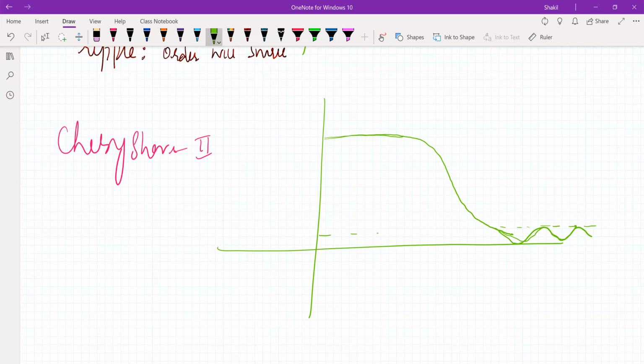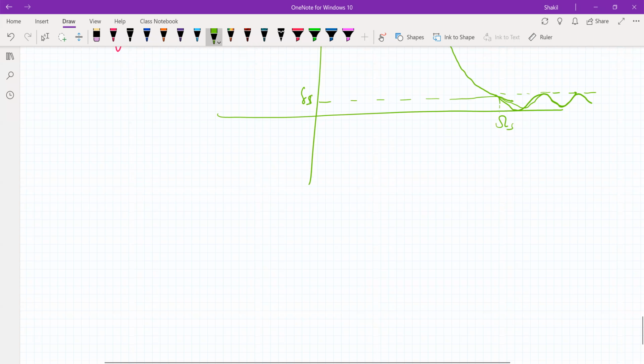How much magnitude we allow in the stop band, let's call it delta. Otherwise it should have been 0, but at omega s we allow a magnitude equal to delta S, and the passband response is flat.